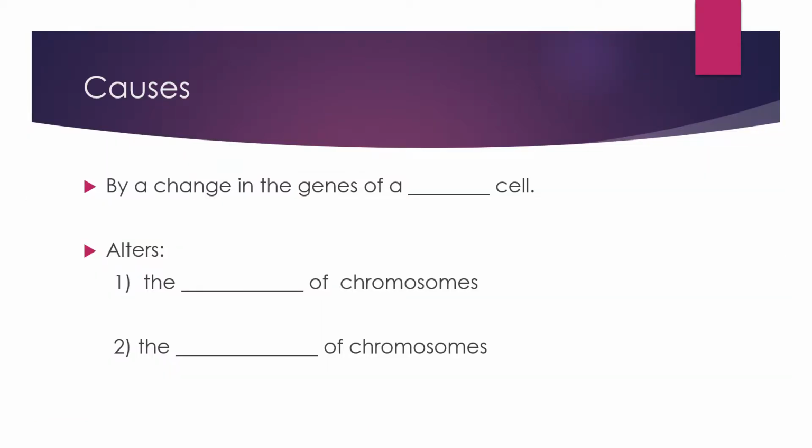All right, so genetic diseases or disorders occur because there's a change that occurs within the genes of a sex cell. So that's going to be an egg or sperm.